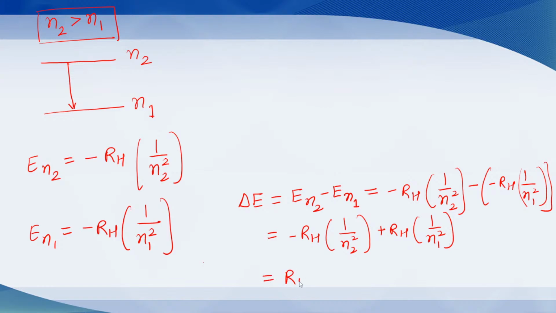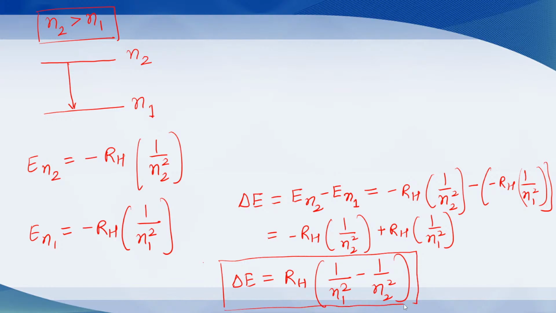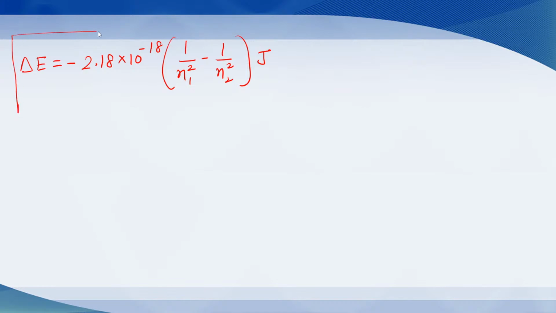Taking RH as common, delta E equals RH times 1 upon n1 square minus 1 upon n2 square. And what is RH? It is 2.18 into 10 raised to power minus 18, so delta E equals minus 2.18 into 10 raised to power minus 18 into 1 upon n1 square minus 1 upon n2 square joule per atom.